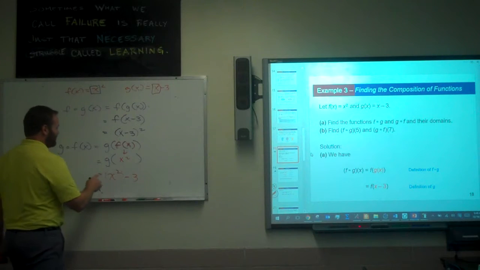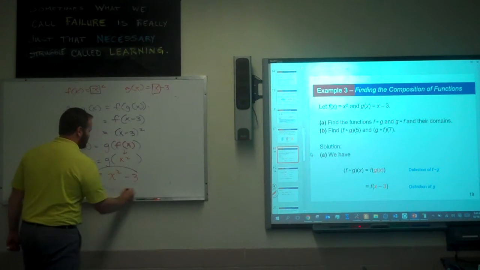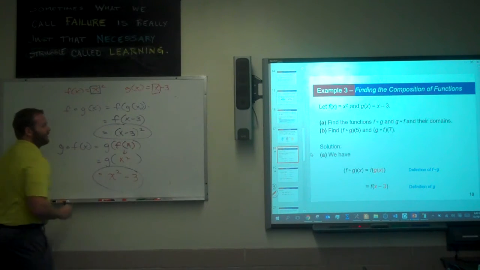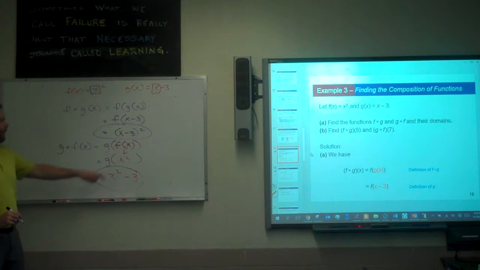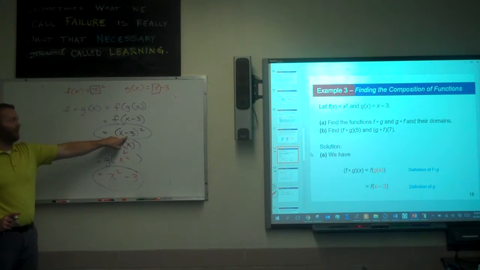Now the idea is, how do these things differ? Are these things the same? Is that function there the same as that function there? No. What's the parent function that goes with this one? What is the most elementary function that you would start with if you wanted to graph this? X squared, right? And this minus 3 to the x does what to the x squared?